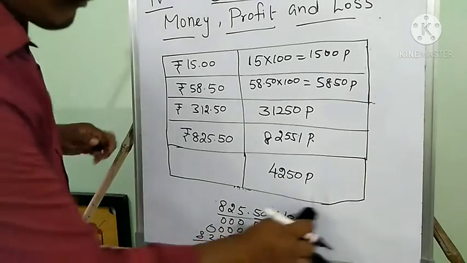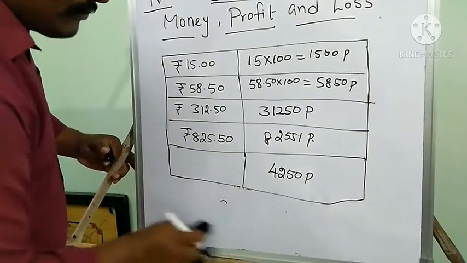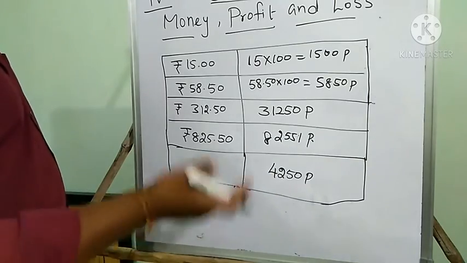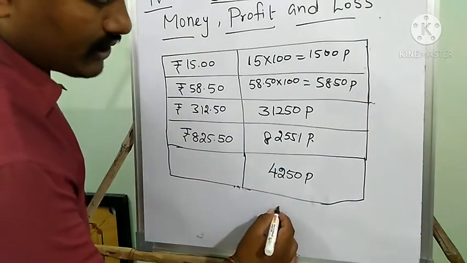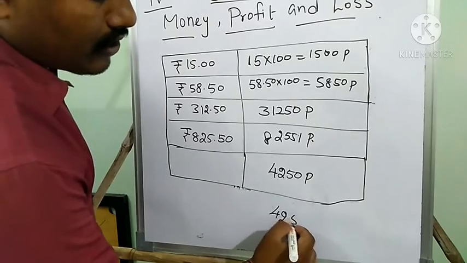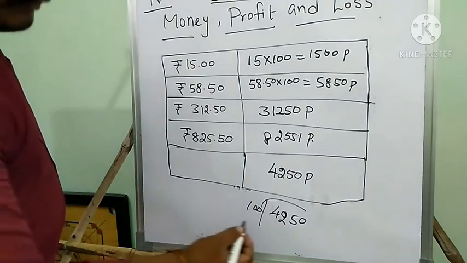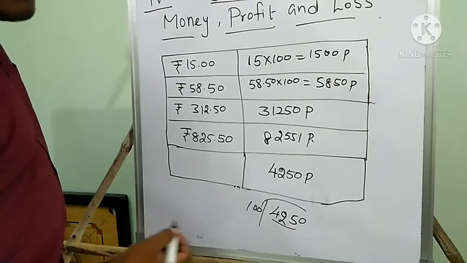Okay. Now the last one, 4,250 paise converted into rupees. So I have to divide by 100. Then I will take 3 digits.